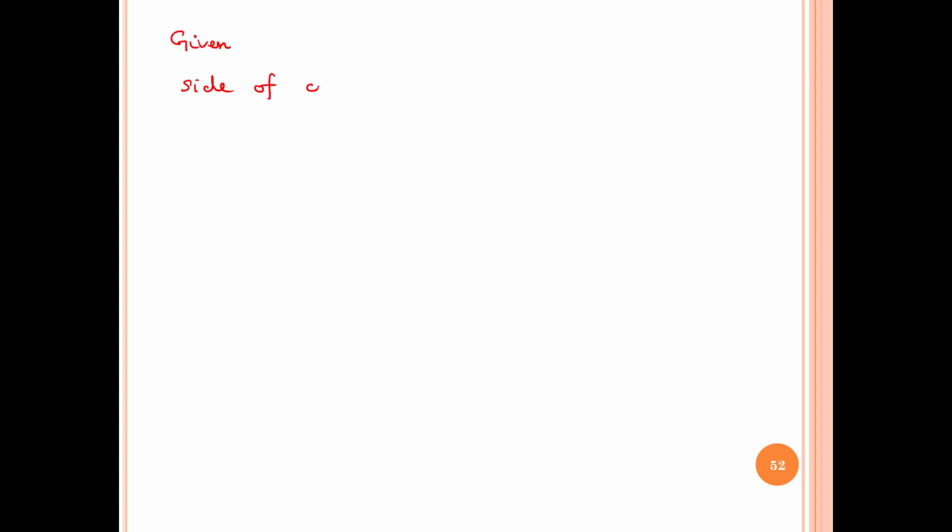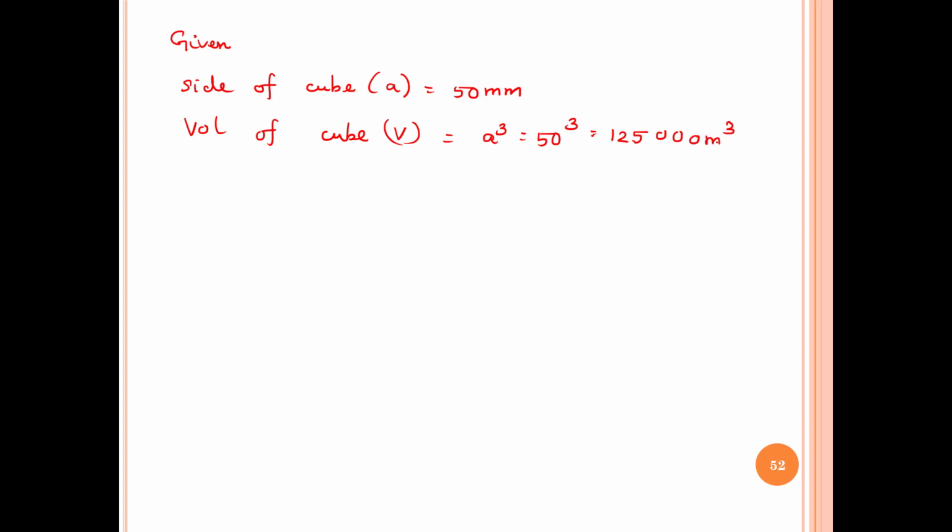Side of the cube, let us take it as a, which is 50 mm. Volume of the cube V is a cubed, that is 50 cubed, which equals 125,000 mm cubed.